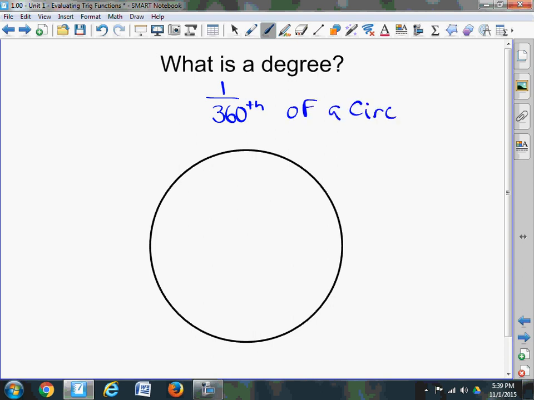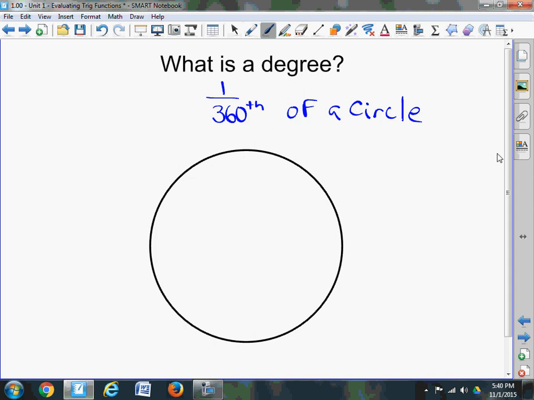Which begs the question, why 360? Why not 100? Why not 50? I mean, we're in a decimal system, 100 or 1,000. Why not? Usually, in terms of measuring a circle or an angle, we want something such that when we divide a circle evenly, the unit measurement comes out evenly as well, not in decimals or fractions.